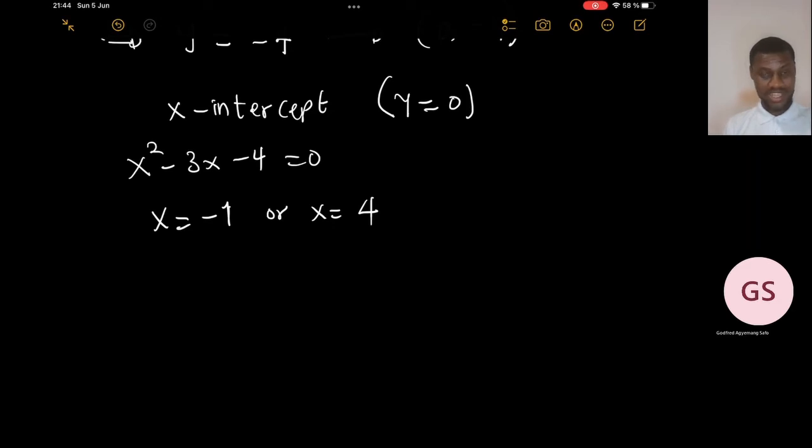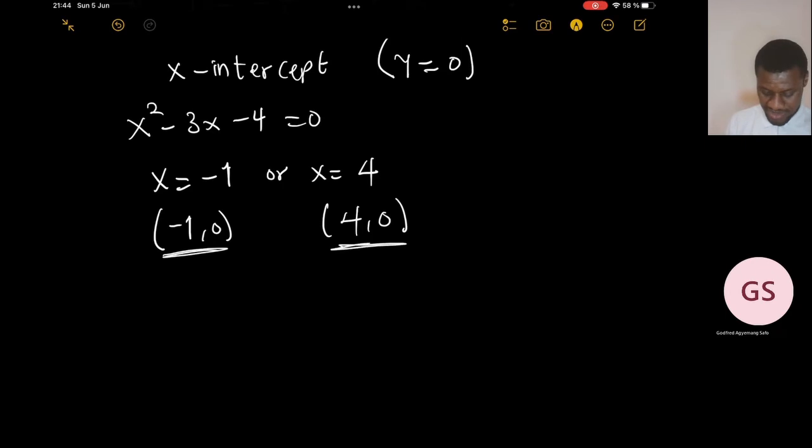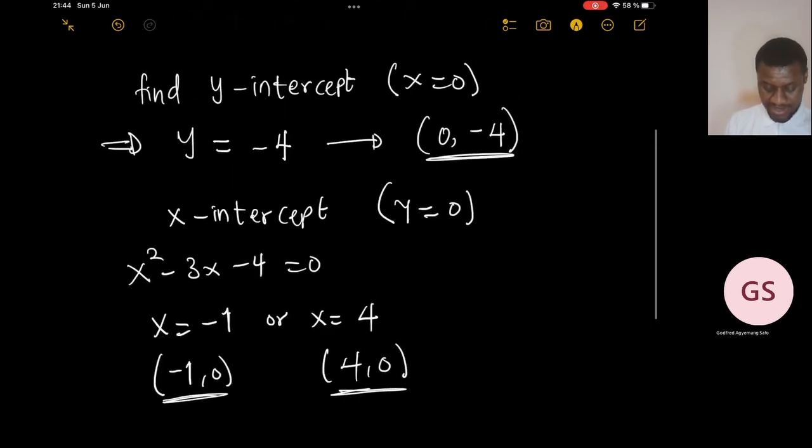These are the x-axis cutting points, and y equal to minus 4 is the y-axis cutting point. So now we have minus 1, 0, and 4, 0. So we have 3 points, and these are the axis crossing points.